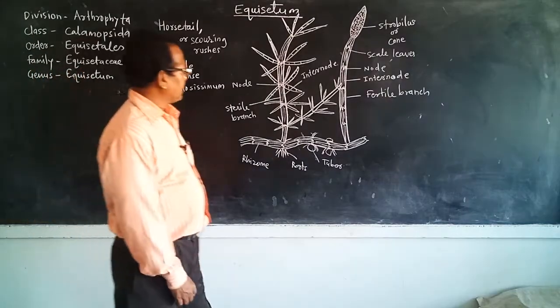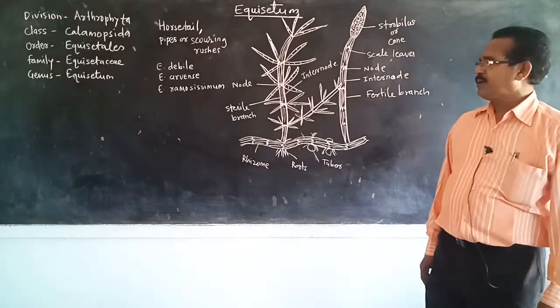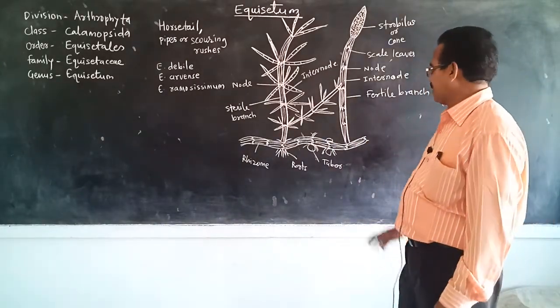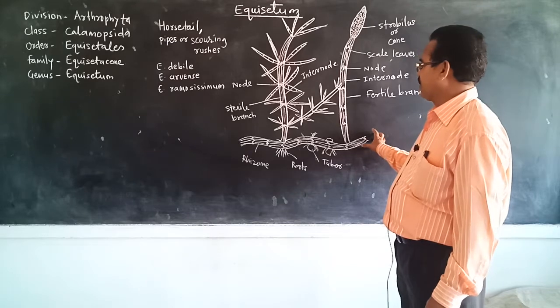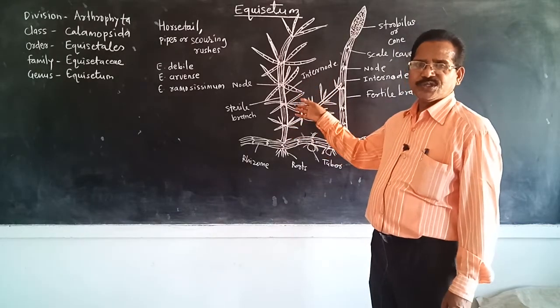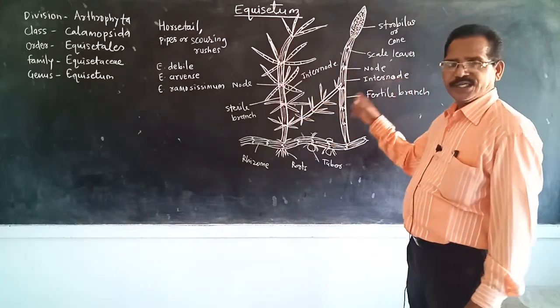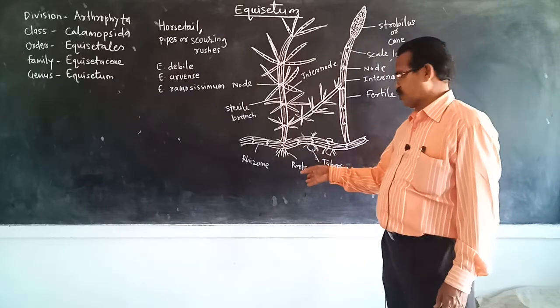Then the external morphology: the sporophytic plant body itself consists of stem, leaves and roots.